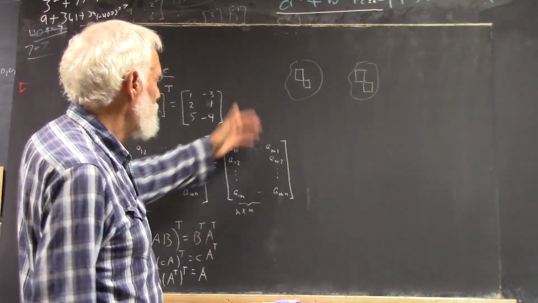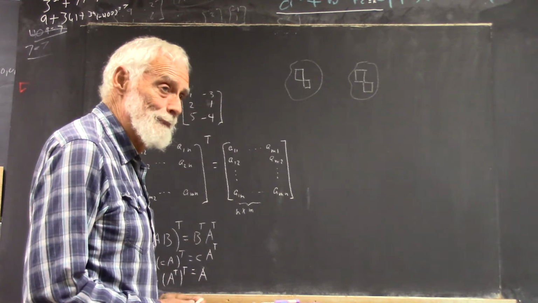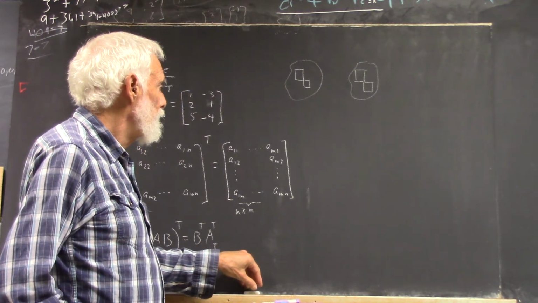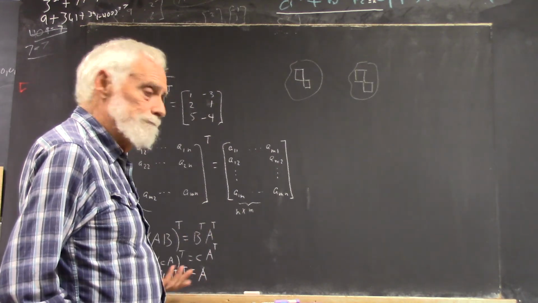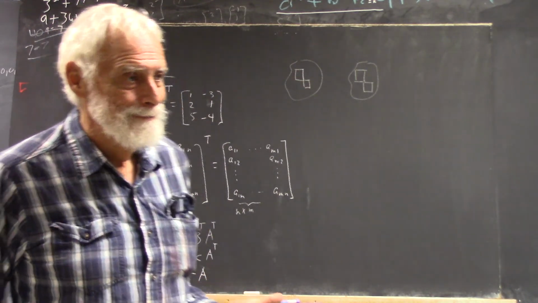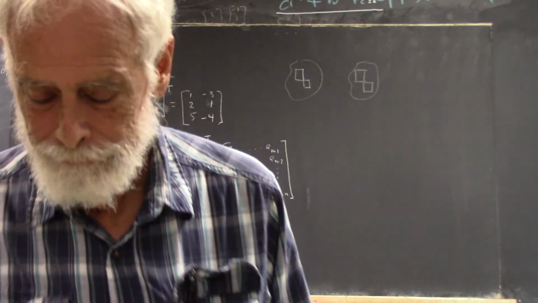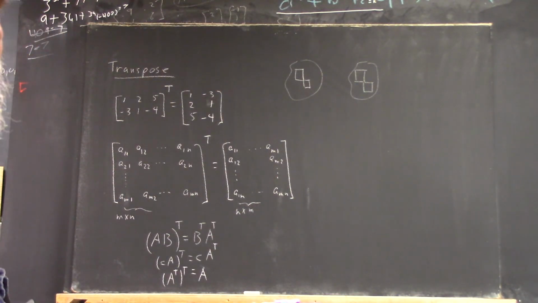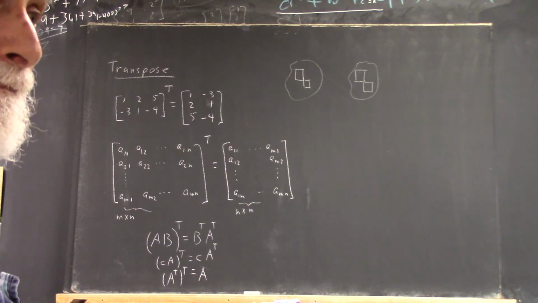Because when you put the rows back in the columns, you're back where you started from, okay? Okay, so there's the idea of transpose. Just, again, laying out a few fairly simple ideas, okay?